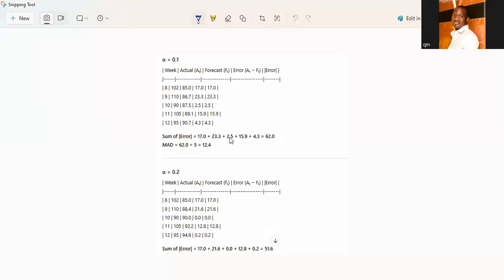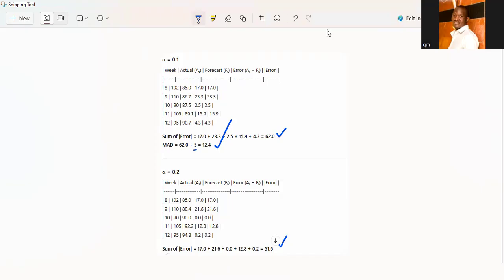So we total up. To find the mean absolute deviation, we divide this one by 5. So the mean absolute deviation for 0.1 is 12.4. Same here, we total up and divide by 5. We get 10.32. Then we go to our other one under 0.3.